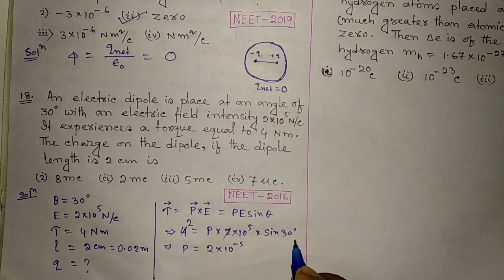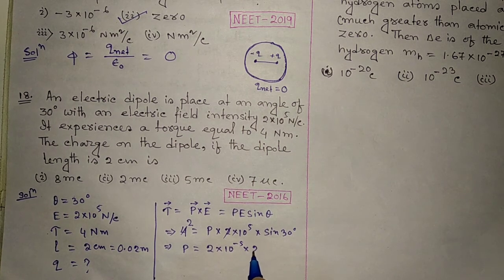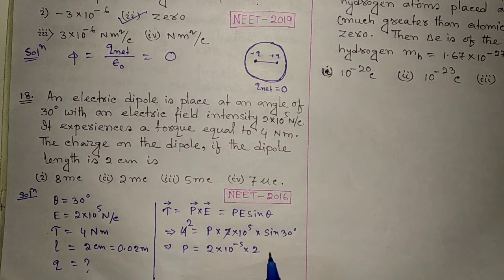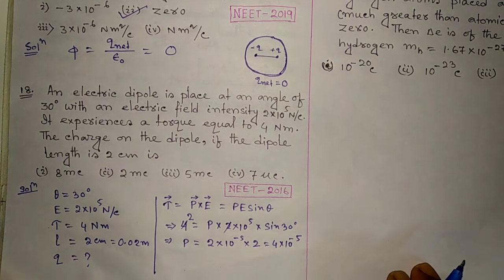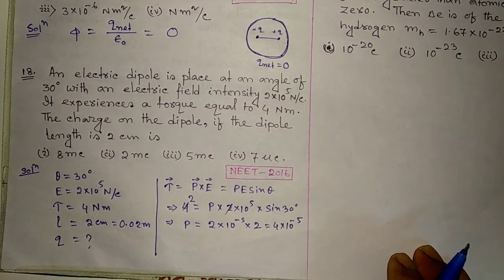Sin 30 means half, so P is equal to 4 into 10 to the power minus 5. This is the value of P, the dipole moment.